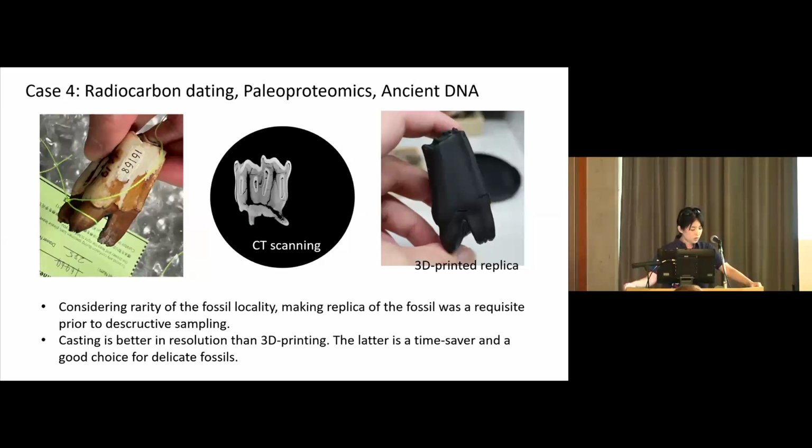And to save time, we chose to preserve tooth morphology by CT scanning, and a subsequent 3D printed replica was made. And the tooth is currently loaned to Takumi and his colleague, but the aliquot of these samples will be returned to our museum after his research is done, and the other extracted material, if present, will stay in his lab for the sample properties.